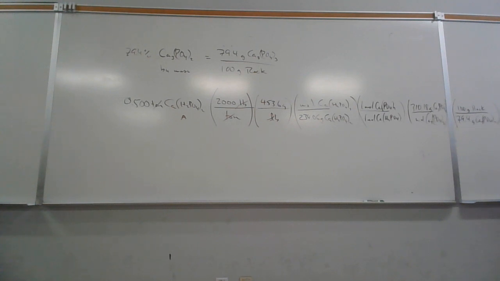Try that again. 0.5 times 2,000 times 453.6 divided by 234.06 times 310.18 times 100 divided by 79.4 divided by 1,000. I got 757.0 kilograms, or 757 kilograms of rock.